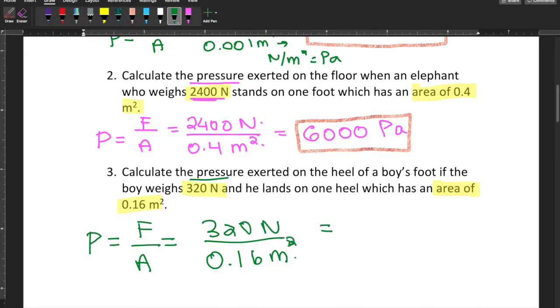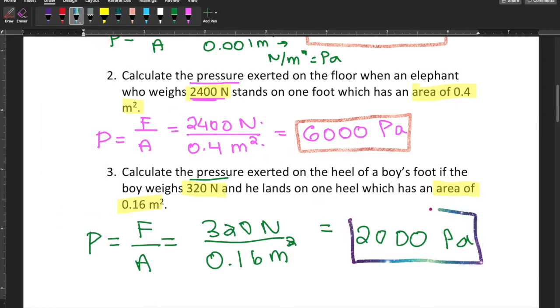And then we solve that. Let me quickly do that. So 320 over 0.16, and we get 2,000, units being pascals. We'll box that in real quick. Oops, box this in.